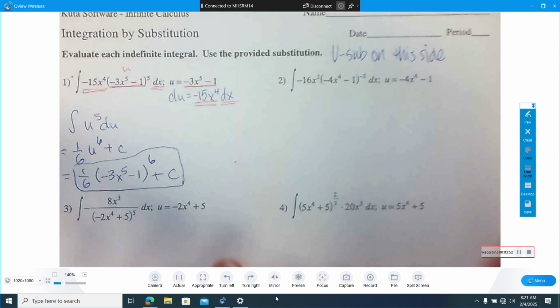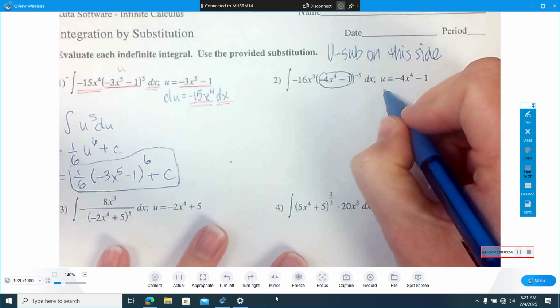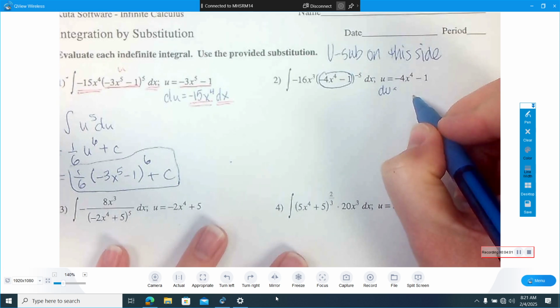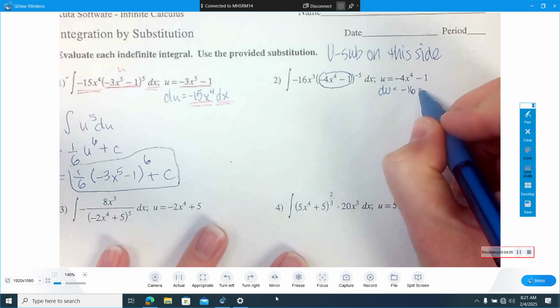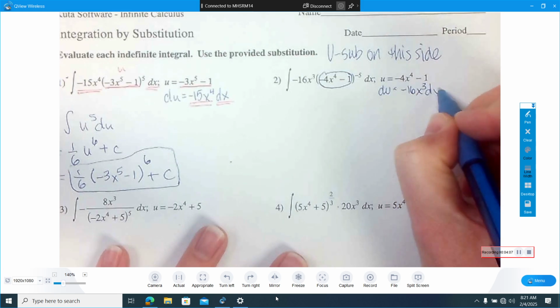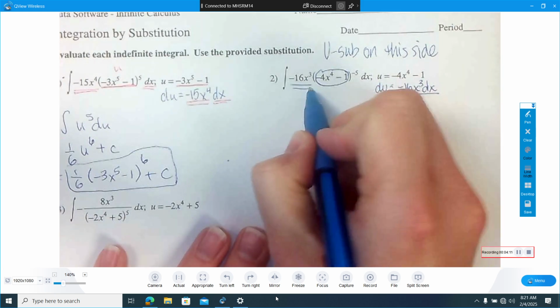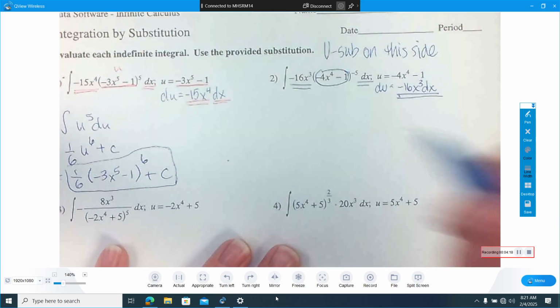Looking at number 2, again, we have our u already defined for us, and du is what? Dx. And again, negative 16x cubed dx is already in the picture here. And so I can replace those with du. It means the exact same thing.